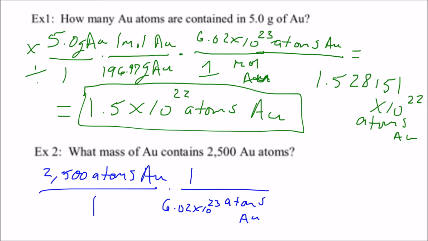So we can say 1 mole of gold on top. But they didn't ask me for moles, they asked me for mass. Okay? Well, what is mass measured in? Okay, mass is measured in grams. Alright, so they're asking me how many grams of gold are in 25,000 atoms of gold.